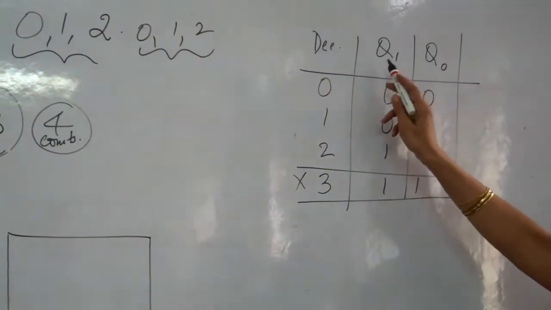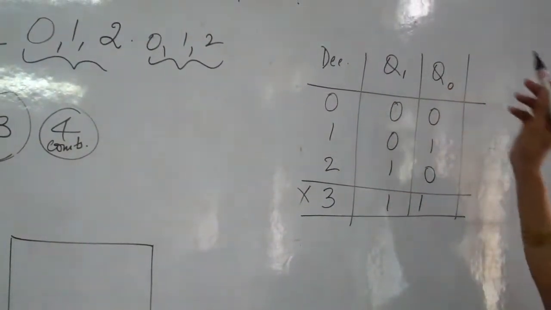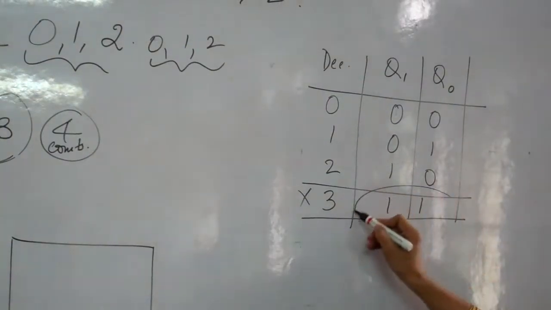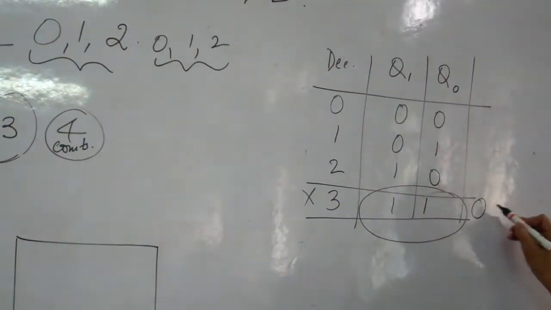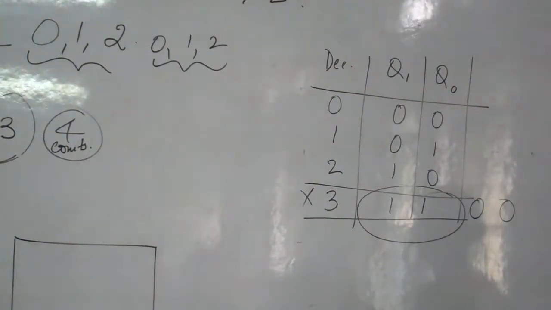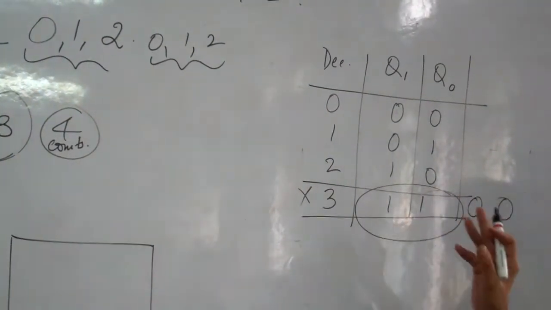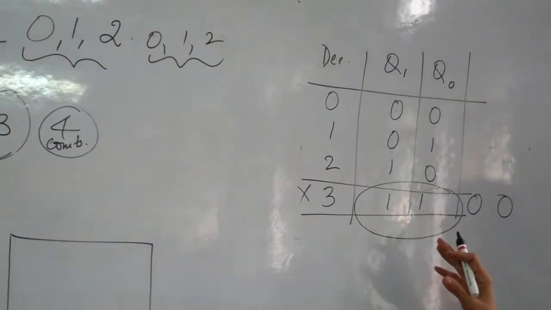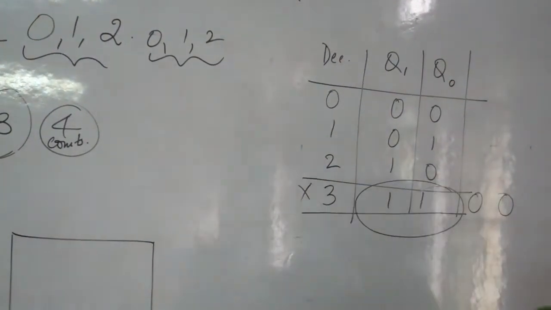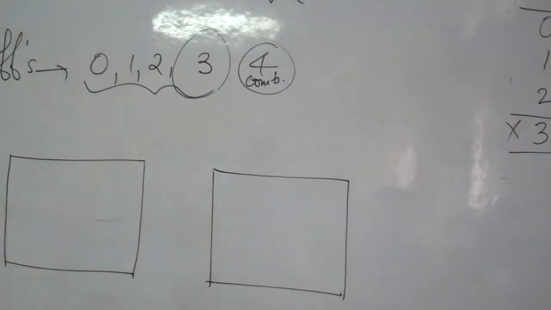That means when Q1 is 1 and Q0 is 1, this should not be counted. Instead it should count as 0, 0. Do you follow this? We don't want this count to come, we want it suppressed. So for this what do you need? See the arrangement here.